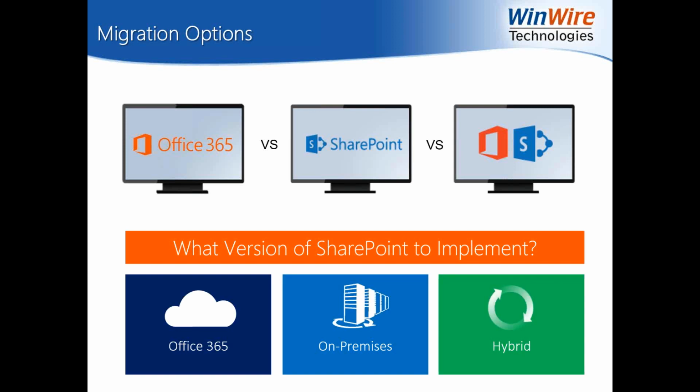So the answer to that question within your organization is dependent on multiple factors, and we'll get into those shortly. But all three possibilities are there. You can go completely to the cloud with Office 365. You can maintain and stay on-prem, where you are responsible for the entire back-end SharePoint upgrade, or you can go to a hybrid environment.